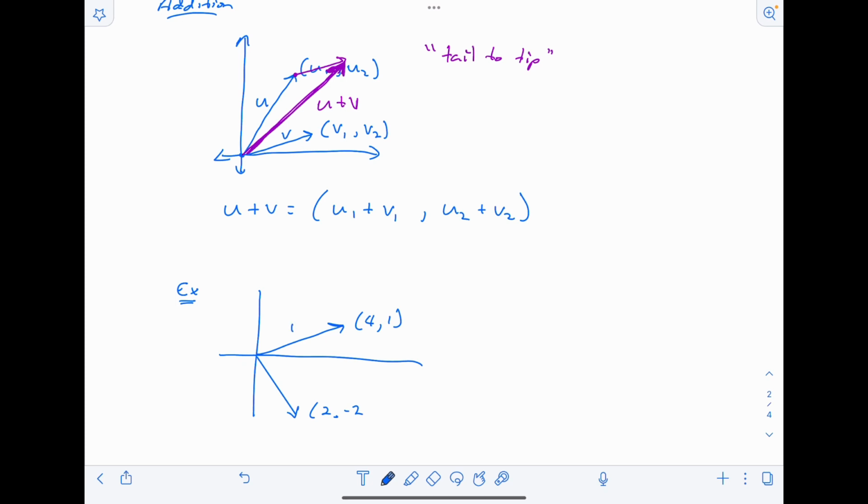And again, we'll call this vector up in the first quadrant u. We'll call the other vector v. So if I want to add vector u plus v, again, I'm simply going to take the horizontal components, 4 plus 2, and the vertical components, 1 plus -2, add those together, and my result is 6, -1.